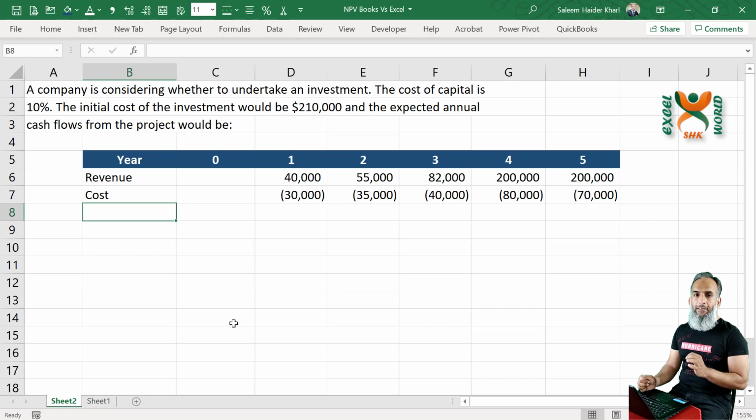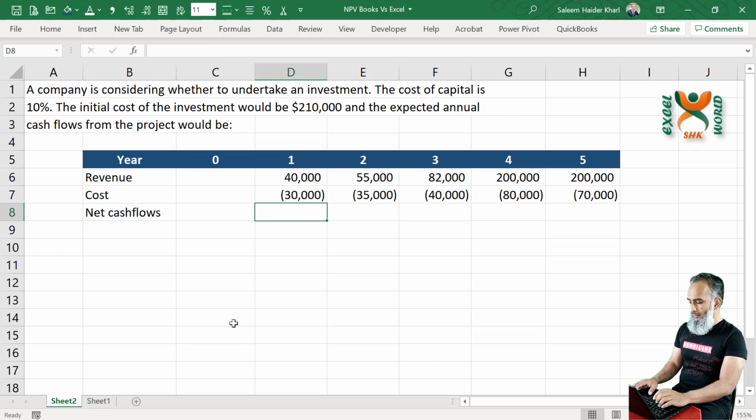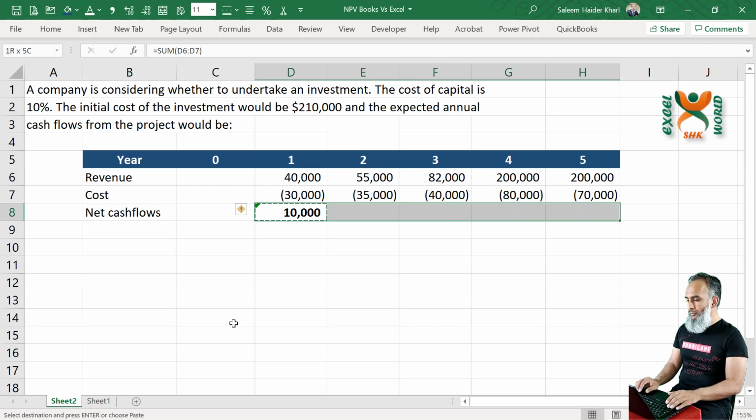In this case it is 10%, and first we have to calculate the net cash flows in money terms for each of the years and then we will talk about the present value. So net cash flows, we just add up both of these and copy it to all the cells.